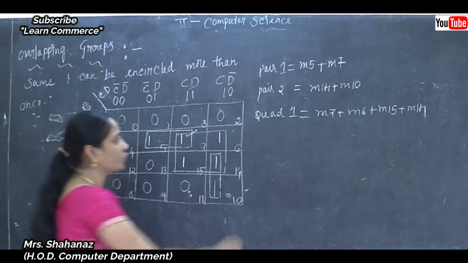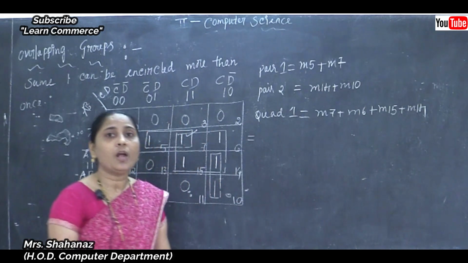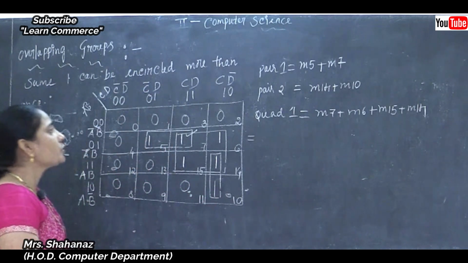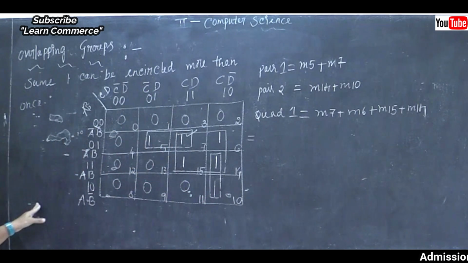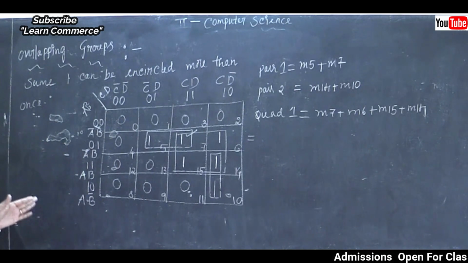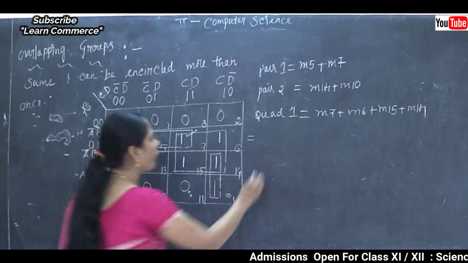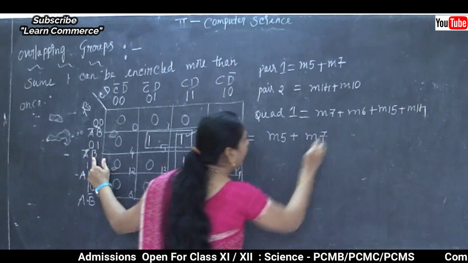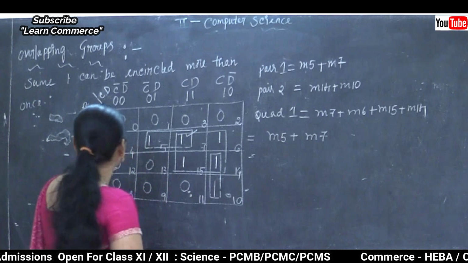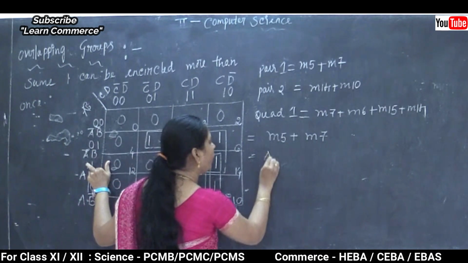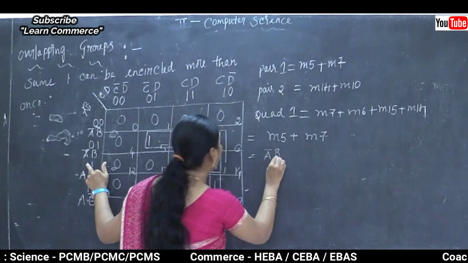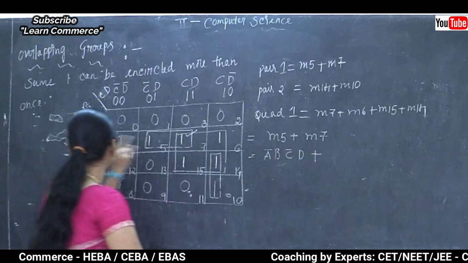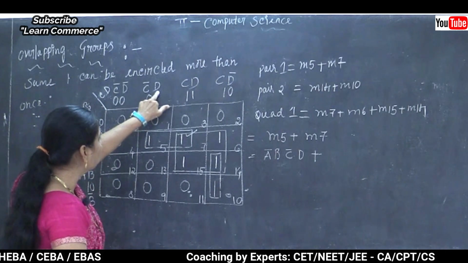Now we are going to complete the final reduction expression of this map with the overlapping groups. First I am going to take the pair 5 and 7, so M5 and M7 are the pair in this case. For 5, I take complement A, B, and complement C and D: the left side value and the top side value.